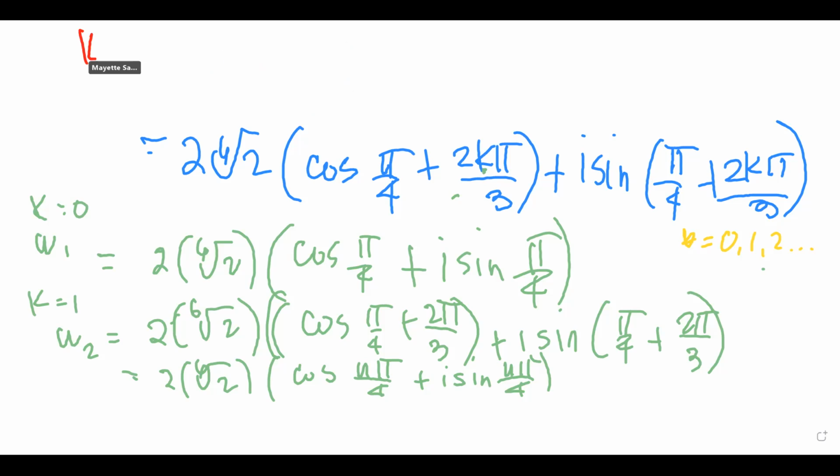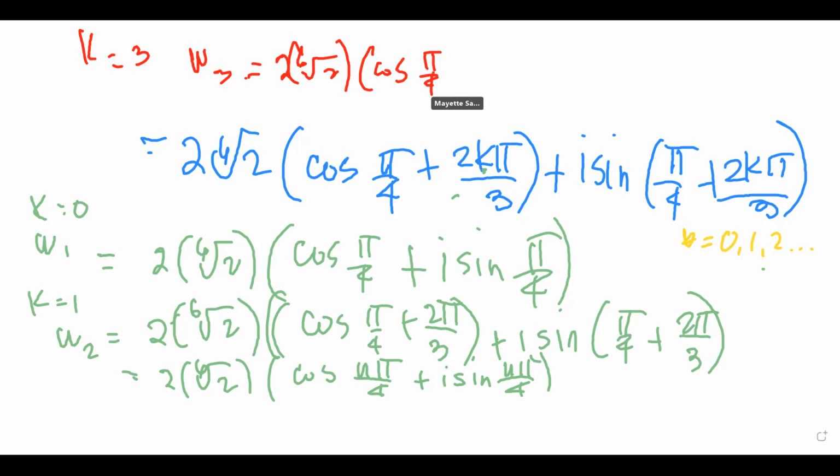So W3 is equal to the same r, 2 times the sixth root of 2, and then this will be cosine of pi over 4 plus 4 pi over 3.